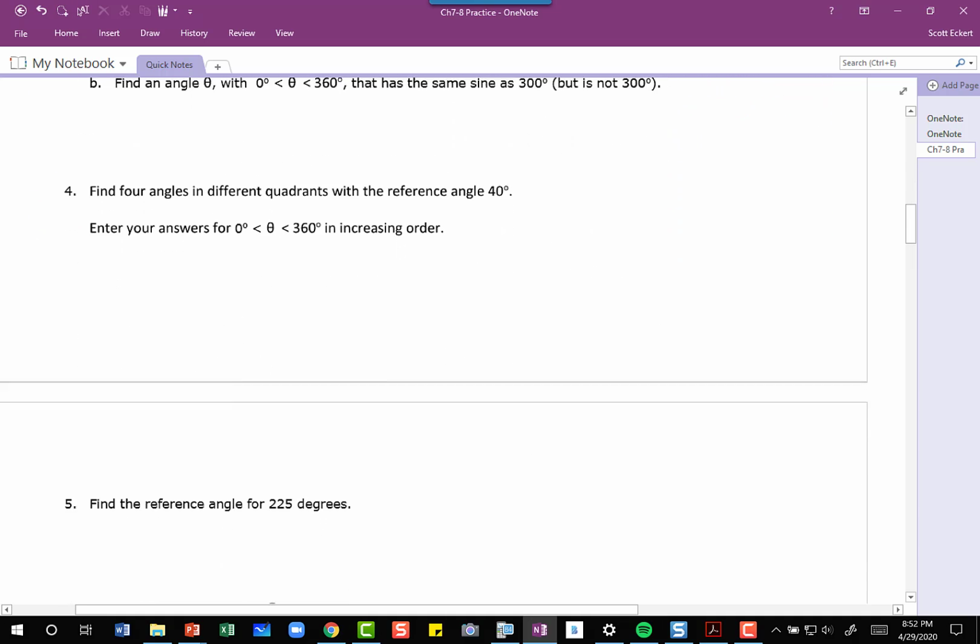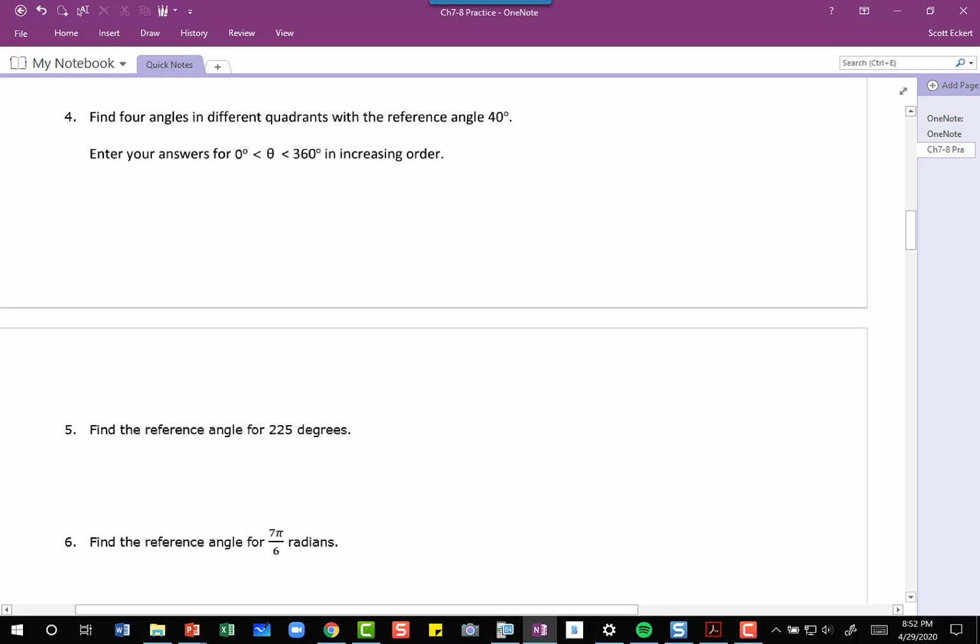Let's jump down to number 4. Find 4 angles in different quadrants with the reference angle of 40. Okay, let's go to the coordinate system. And we'll draw an angle. 40 is just shy of 45.